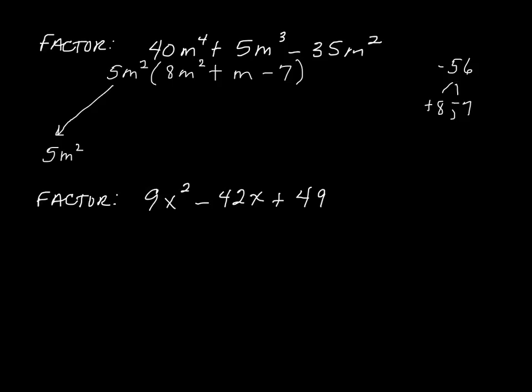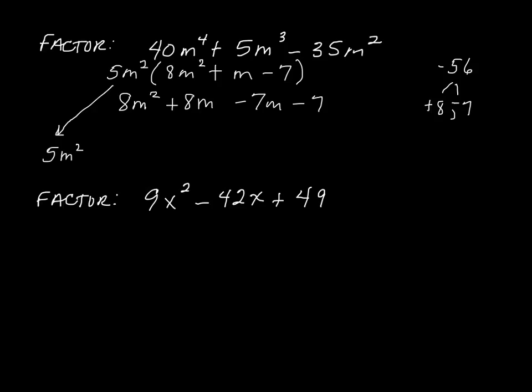Those two multiplied will give me a negative 56, but added will give me a positive 1. So let's break it up. 8m squared plus 8m minus 7m minus 7.